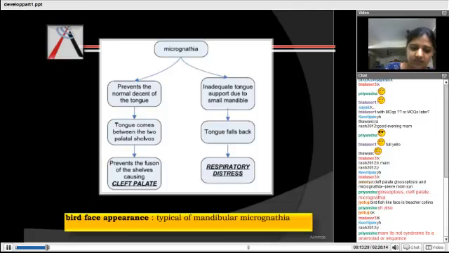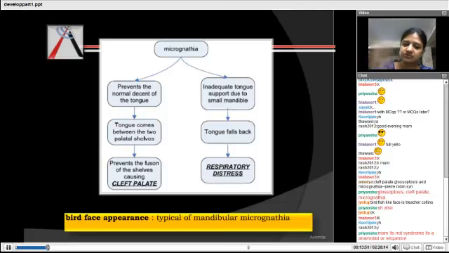So during development of the palate, when the two palatal shells are coming together and they're supposed to fuse, the tongue comes up in between them. Because of the tongue coming in between the two palatal shells, they are not able to fuse, which results in cleft palate. That's one reason why cleft palate happens.